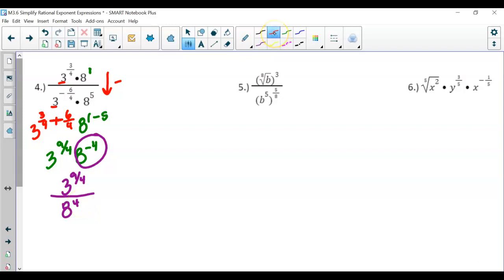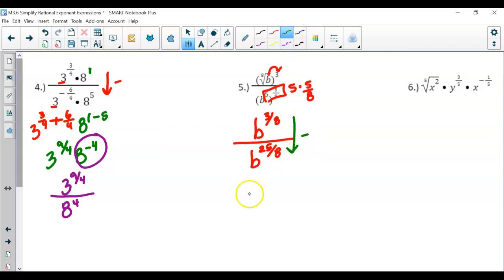Then here you needed to rewrite. So this is b to the 3rd power over your index of 8. Then here, power to a power, multiply. So that's 5 times 5/8, which is 25 eighths. Then again, dividing top to bottom, subtract the exponent.